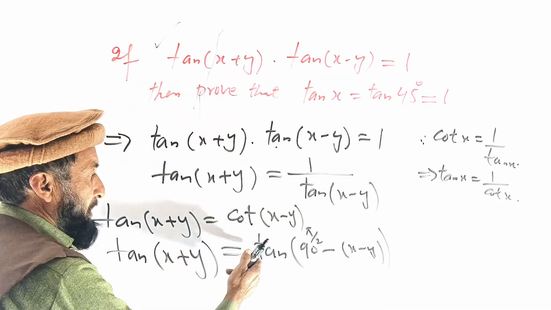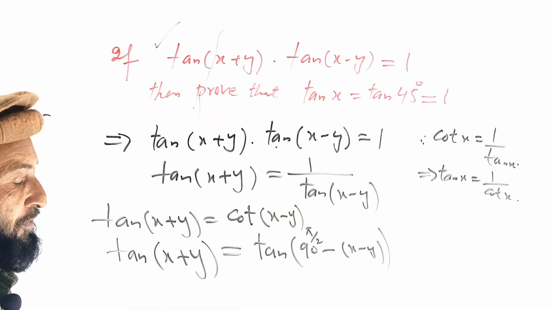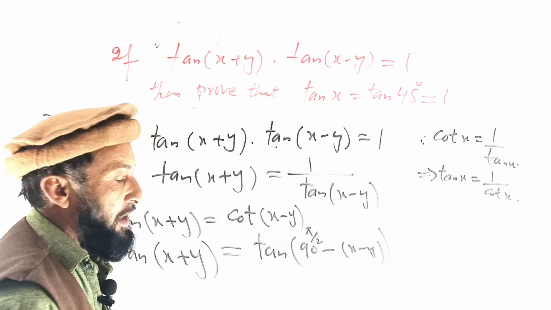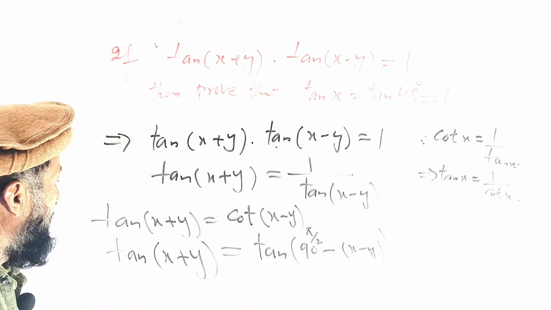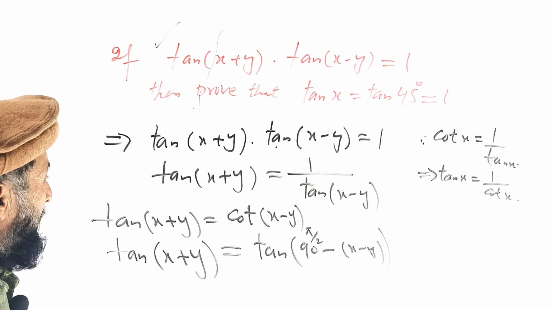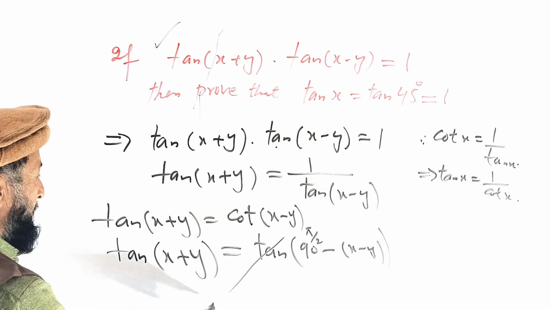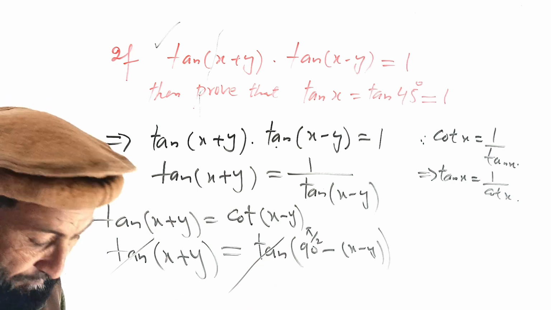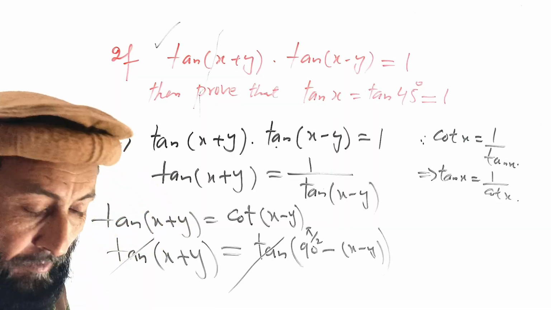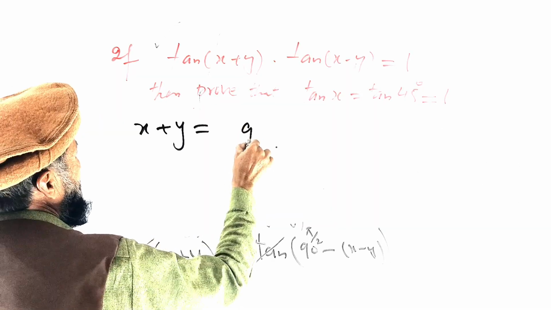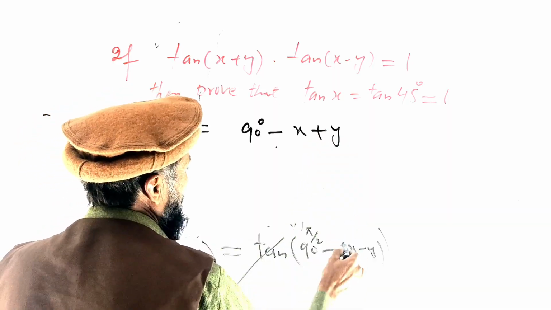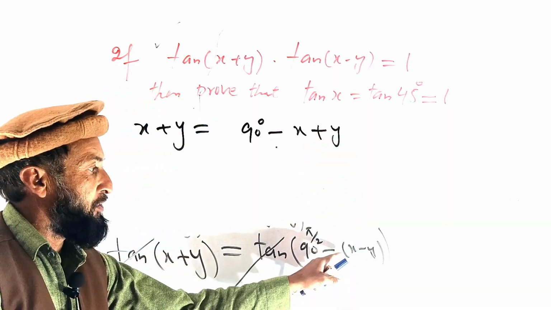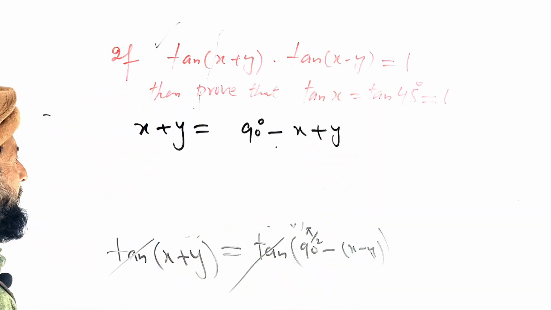Tangent is in the first quadrant and cotangent is also in the first quadrant, but tangent and cotangent are opposite to each other in their reaction. Now tangent and tangent both cancel, and we get x plus y equals pi by 2, that is 90 degrees, minus (x minus y). This term is also minus, so multiply to open the brackets.